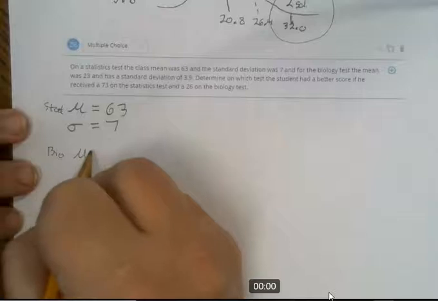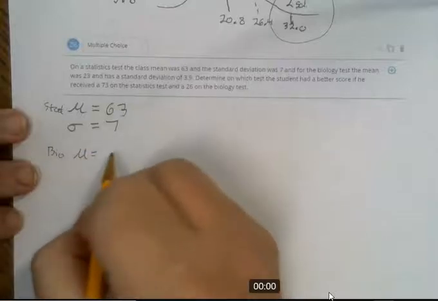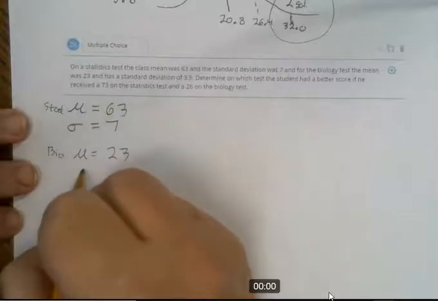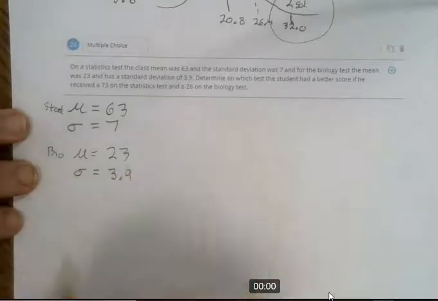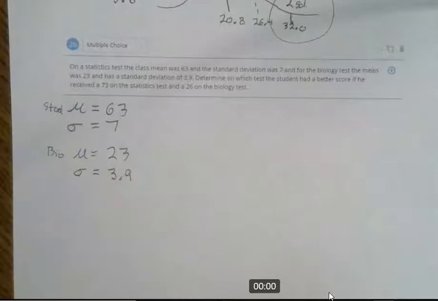For bio, the mean was 23 and the standard deviation was 3.9. Determine on which test the student had a better score if he received a 73 on the statistics test and a 26 on the bio test.